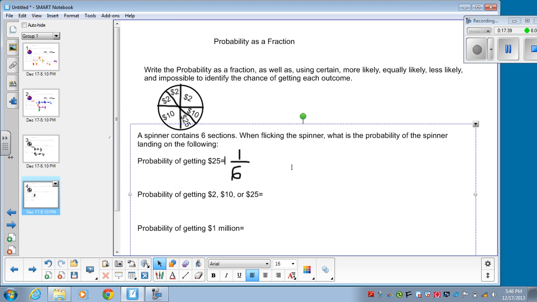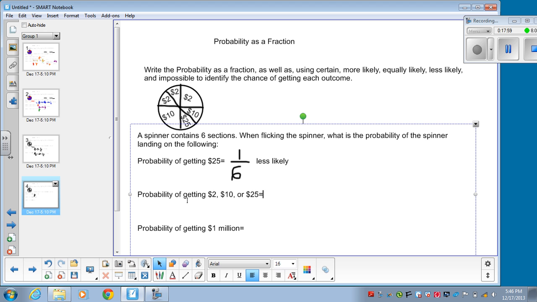So what's the likelihood of landing on 25? If you said less likely, you are correct. It is less likely that you will land on 25.